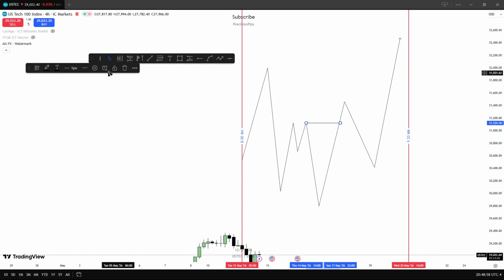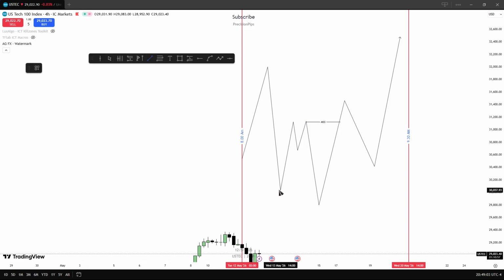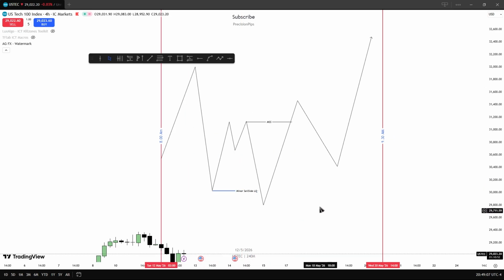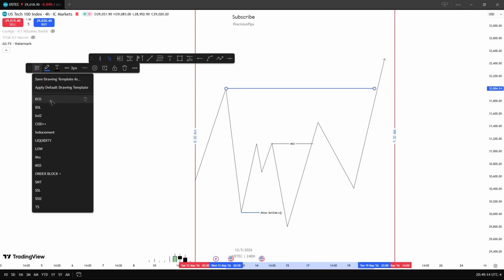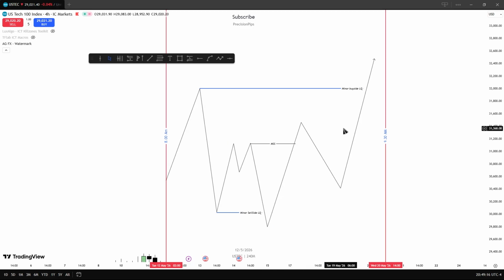Market structure shift here, and liquidity sweep right there. Mark out the buy side liquidity or data high. This is our Venom model.